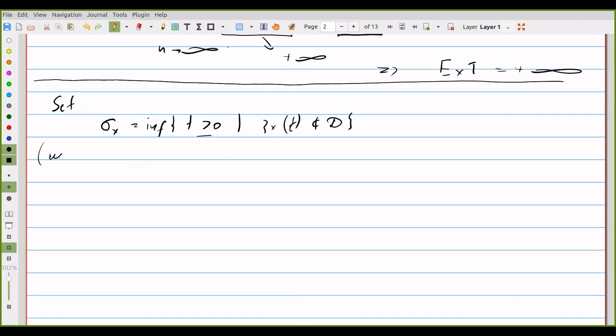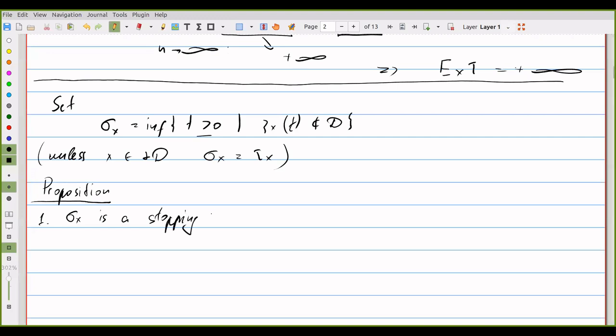So unless x belongs to the boundary, sigma x is just tau x, defined previously. So we have a proposition: sigma x is a stopping time, and the probability that sigma x is 0, even for points on the boundary, is exactly either 1 or 0.